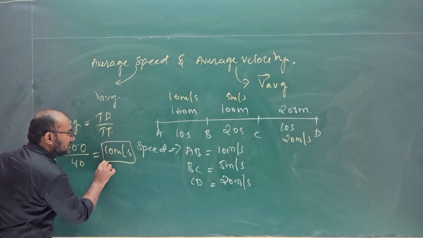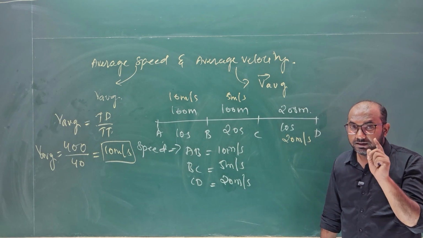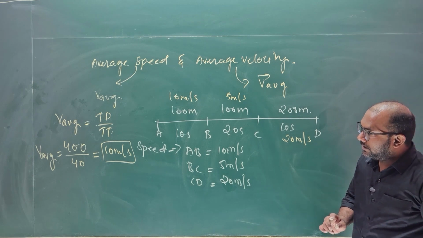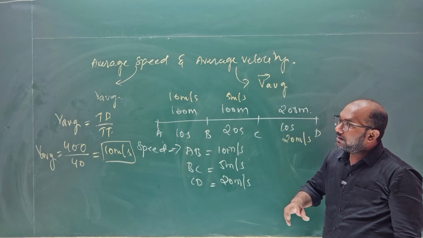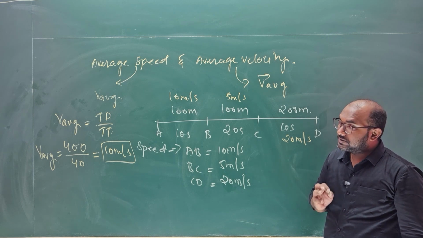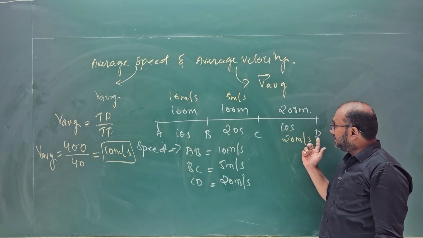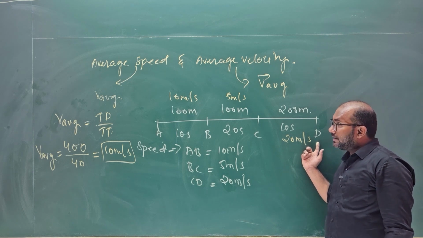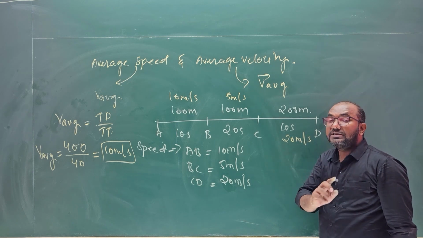What is the meaning of this? Can I say that if a body started from point A and is moving with a constant speed of 10 meter per second, then the body can reach point D traveling 400 meters in 40 seconds?